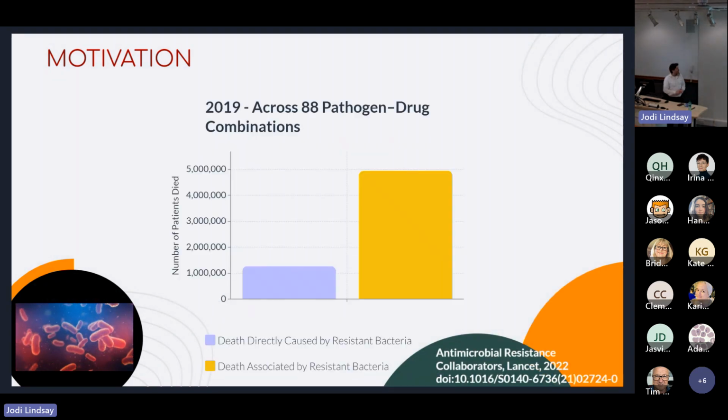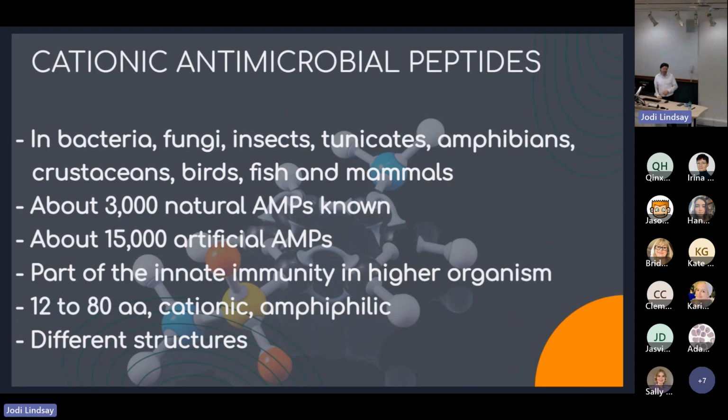However, what is going on is that the current antibiotics are starting to lose their efficiency. In this paper it was shown that more than 1 million people die as a direct cause of resistant bacteria, and another 5 million where the death was associated to such bacteria. And that is obviously a number that unfortunately will increase even higher.